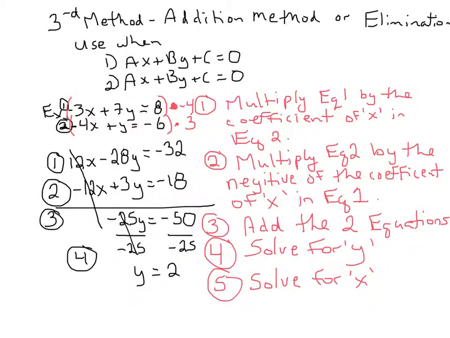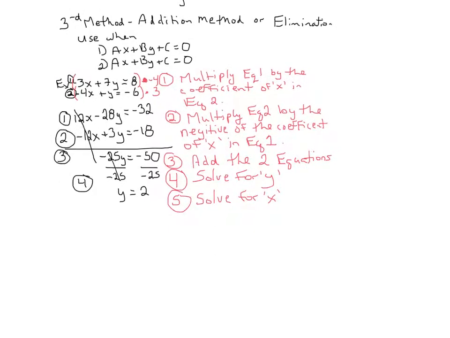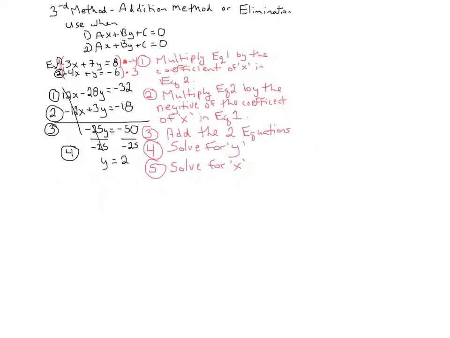So I will just shrink this a little bit and give me some room to do that. Okay, so step 5 is solve for x. You're going to plug it into one of your two equations that you started with. So I'm going to start with my negative 3x plus 7y equals 8.